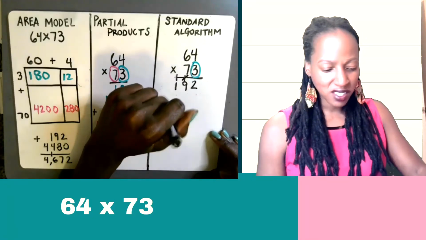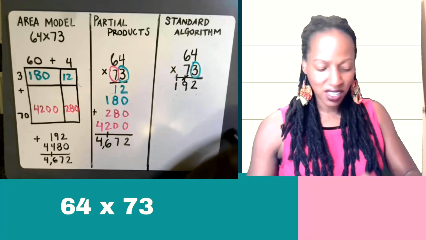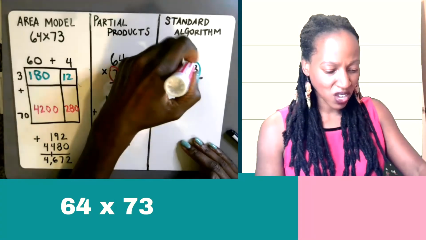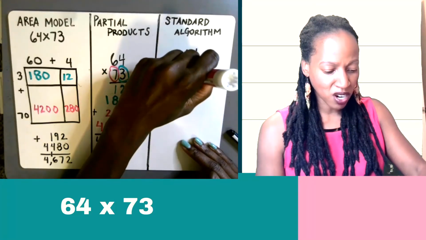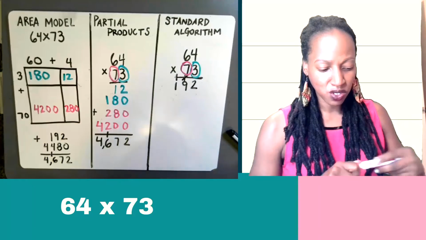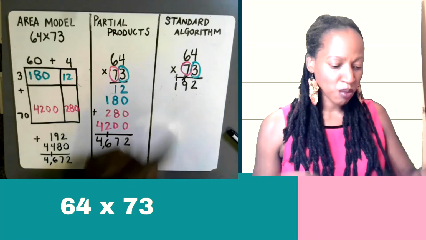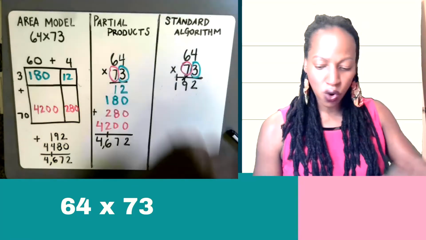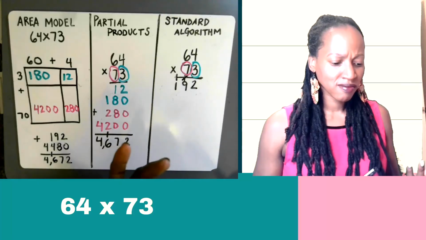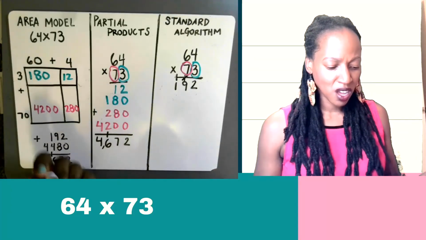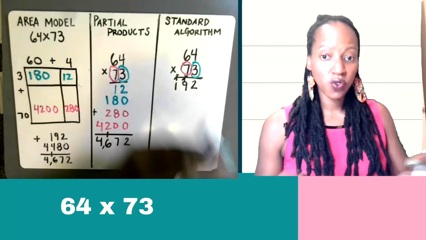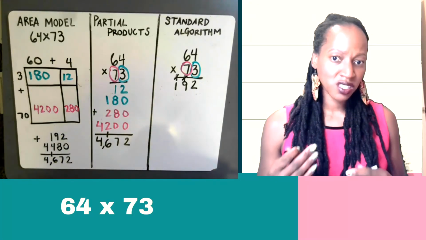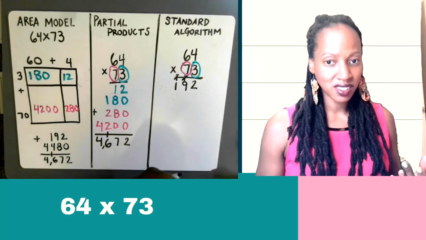So now my next step is to multiply all of my tens, okay? My 7 tens by every part of this top factor. So again, I'm going to start by multiplying 7 tens by 4 ones. 7 times 4 is 28. So that's 28 tens, okay?